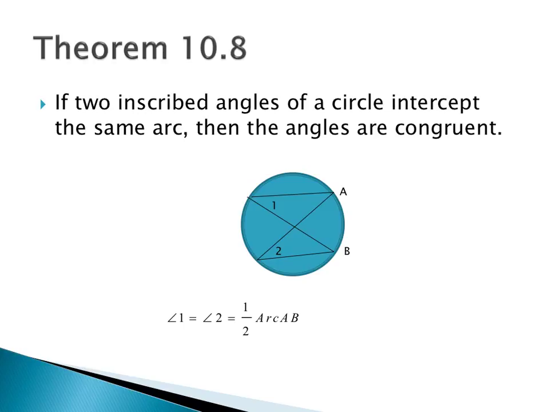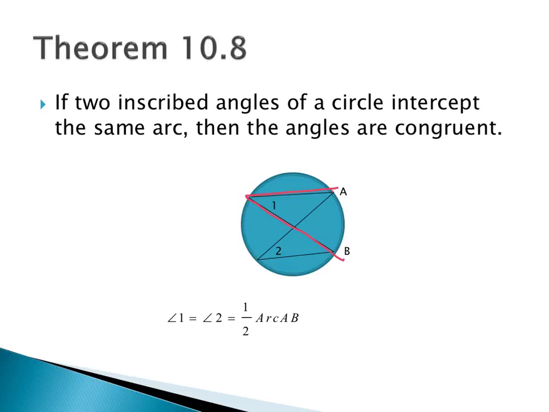Theorem 10.8 says if two inscribed angles of a circle intercept the same arc, then the angles are congruent. All right, so if I look at angle 1, that's here, this is angle 1. Angle 1 intercepts what arc? Arc AB.